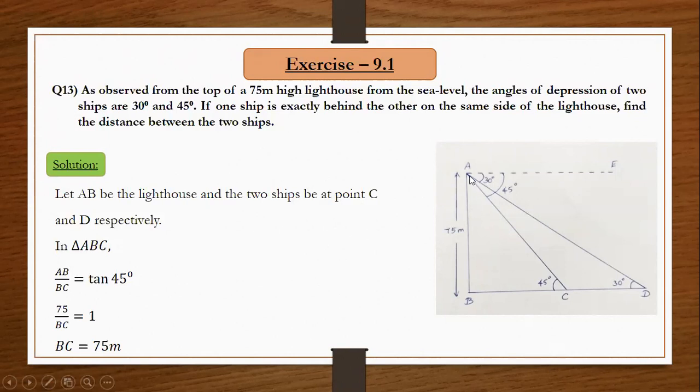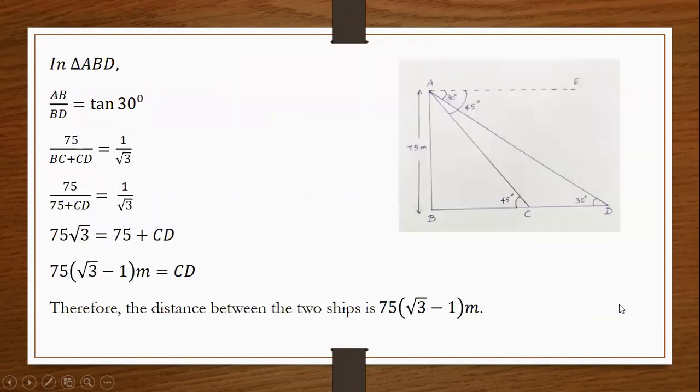In triangle ABC, tan 45 degrees is opposite side by adjacent side, which is AB by BC. So AB is 75, so we get BC also to be 75 meters. Next, we consider the triangle ABD. In this, tan 30 degrees is opposite side by adjacent side, AB by BD.